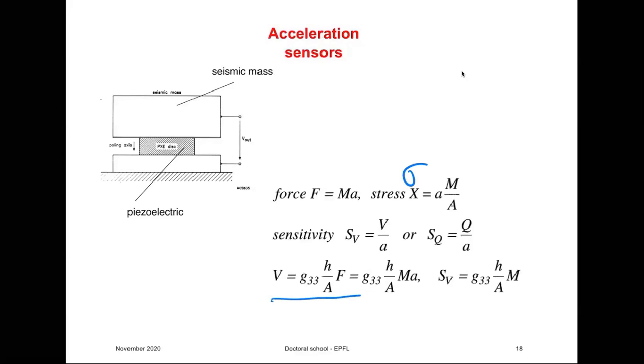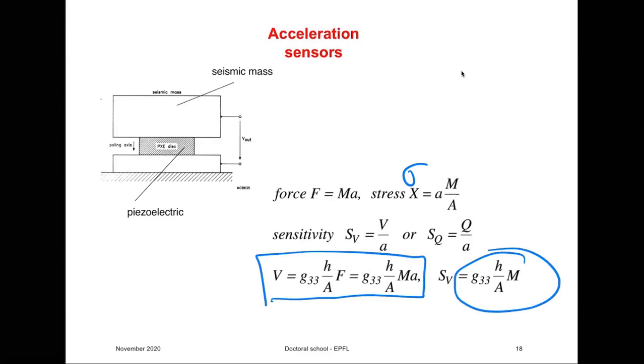The voltage will be given with this formula, and this here defines the sensitivity. So it will depend on the mass. The bigger mass you put, the more sensitivity you will have. It depends on the G coefficient, and the voltage divided by acceleration will give you what is called sensitivity. So the more voltage you give for a given acceleration, the better sensitivity you have.